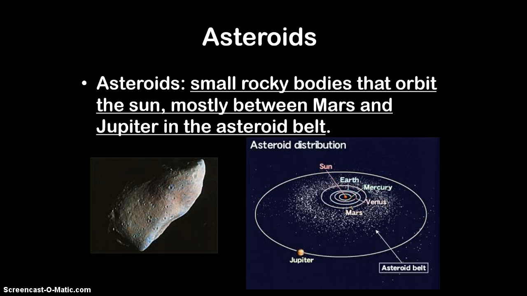Asteroids are basically rocks, whereas comets are made of dust and gas and usually some ice or frozen gas. Asteroids are mostly rocky bodies that orbit the Sun between Mars and Jupiter in the asteroid belt. So between Mars and Jupiter, there's a tremendous space. You can see here the orbits. They're pretty close together.